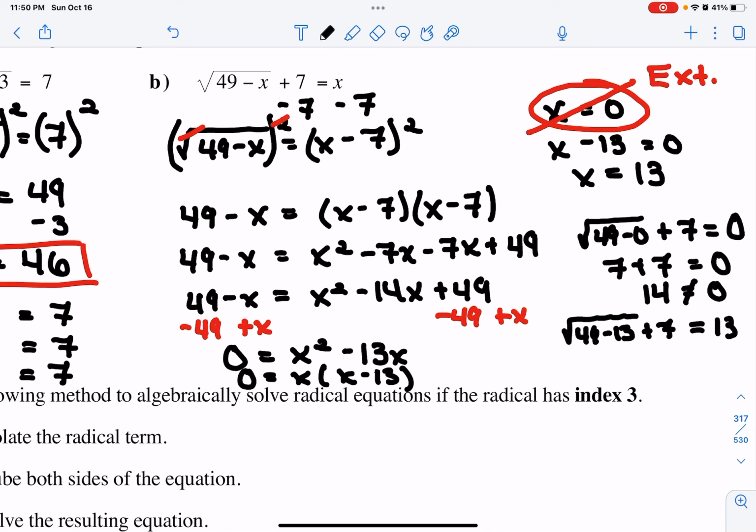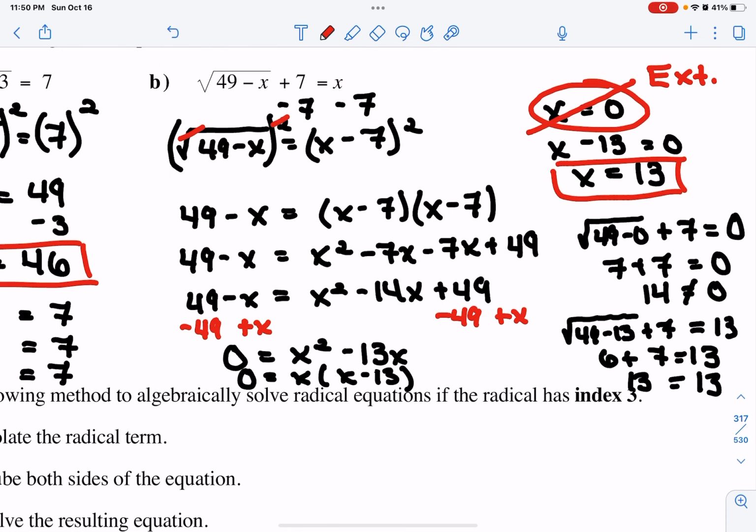And 36 square rooted will equal 6. So we get 6 plus 7 is equal to 13. Is this true? Yes, 13 does equal 13. So we have algebraically verified that x equals 13 is a solution to this. And therefore, we got our one answer, or our one root to this equation.